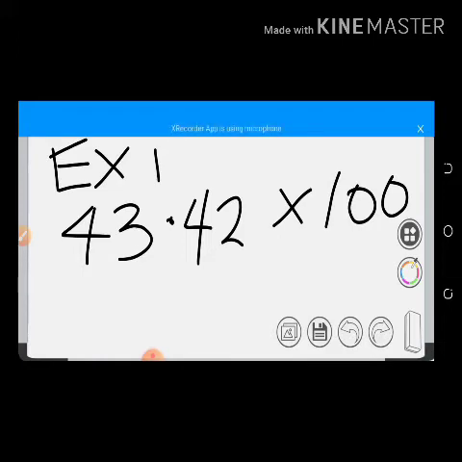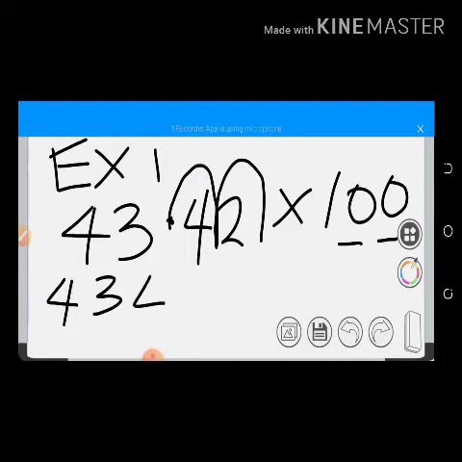We are multiplying it by 100. 100 has 2 zeros, so we will move our decimal point by 2 places, just like this, forward 1 and 2. Our final answer will be 4342. That is what you do when you are asked to multiply decimals by multiples of 10, 100, 1000 and all that.